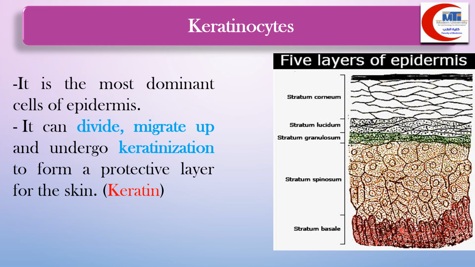These are the 5 layers of the epidermis. Keratinocytes are present in all these layers. They have the ability to divide and migrate up to form a protective layer of the skin, which is the keratin.